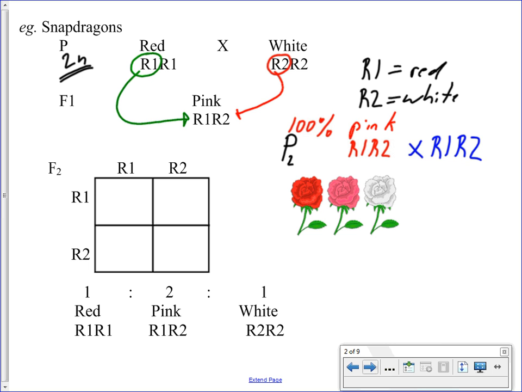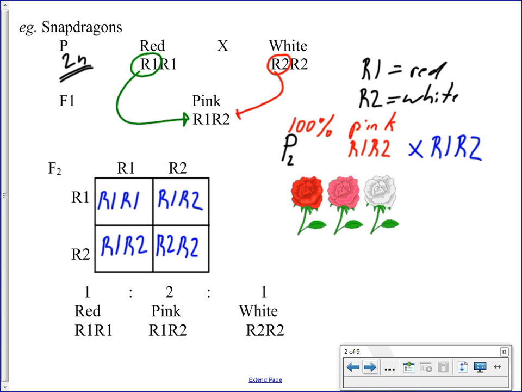If we go ahead and fill in our Punnett square, R1 R1, R1 R2, and I'm just going to continue to write the R1s first here to be consistent, and then finally the R2 R2 that we have in our last square.